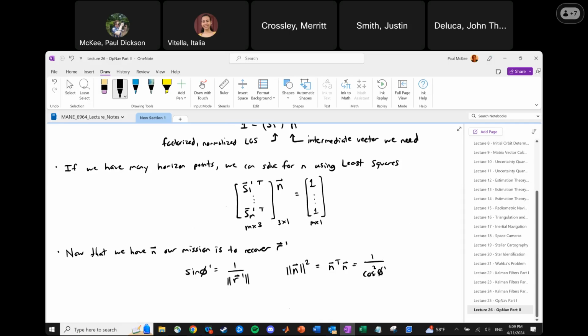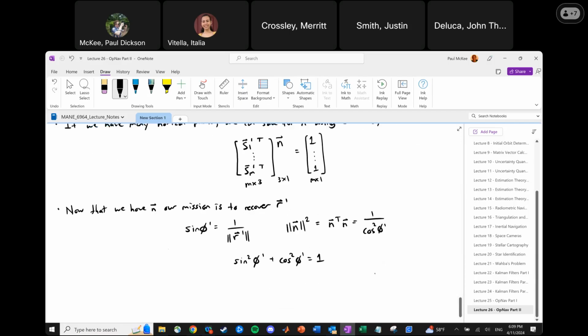Now we know from trigonometry that the sine squared of any angle plus the cosine squared of that same angle has to be equal to 1. What that means is that the cosine squared of phi prime is 1 minus the sine squared of phi prime. Or, if we do some substitution, n transpose n is 1 over the cosine squared of phi prime, but then this would be equal to 1 over 1 minus 1 over the norm of r prime squared.